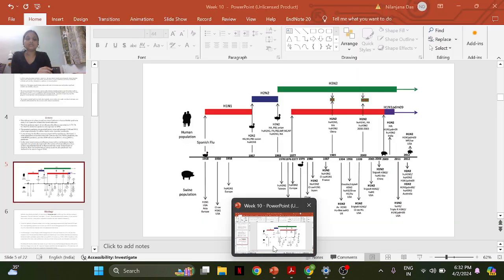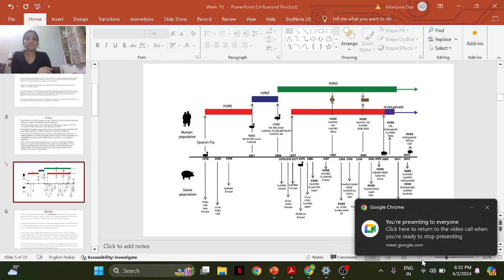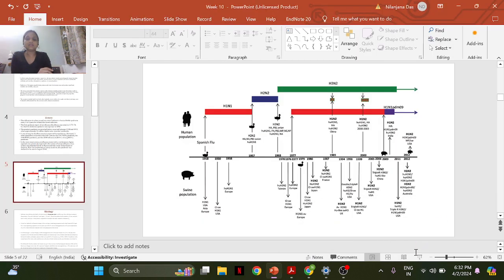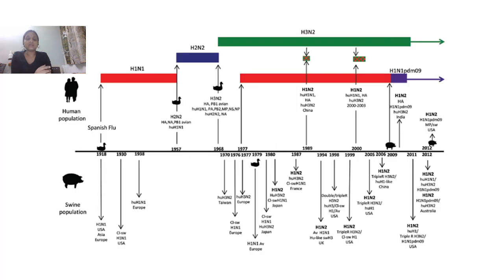So this Spanish flu almost killed 21 million, or 50 million, people worldwide. It occurred in 1918, mostly in the USA, Asia, and Europe, and it was caused by the H1N1 strain.